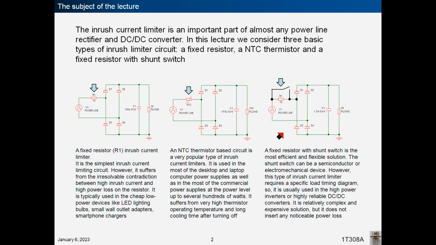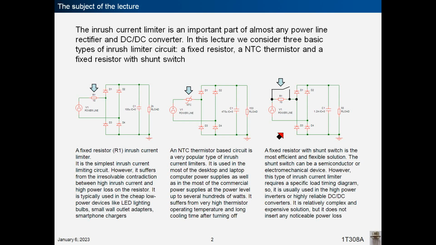A fixed resistor with shunt switch is the most efficient and flexible solution. The shunt switch can be a semiconductor or electromechanical device.